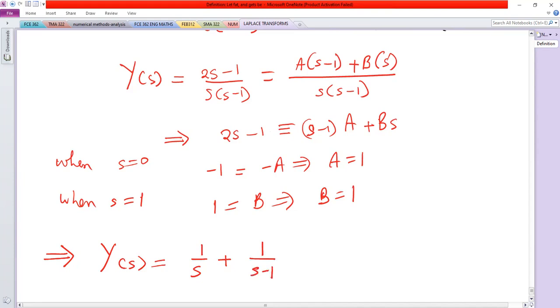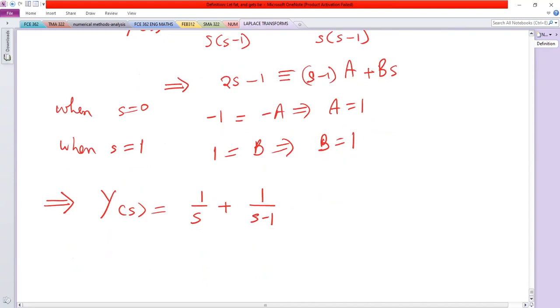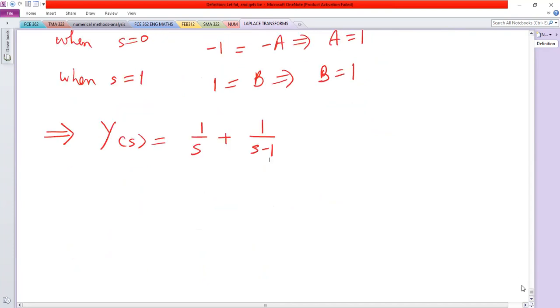Now these are standard Laplace transforms from the Laplace transform table. I call this one equation 4.